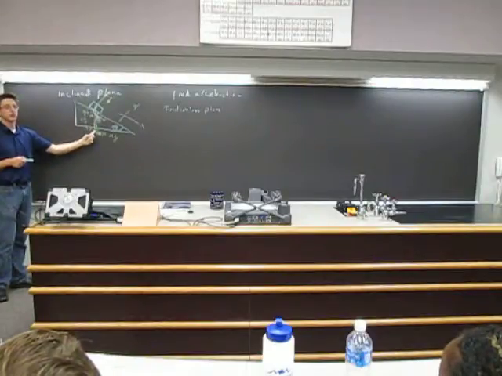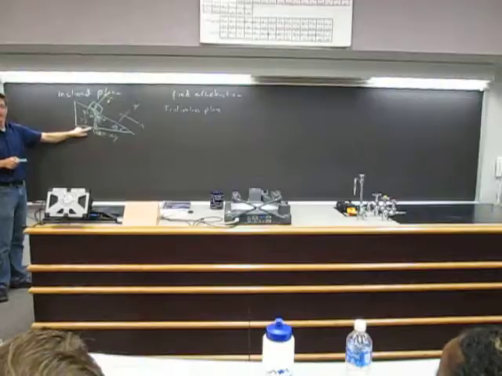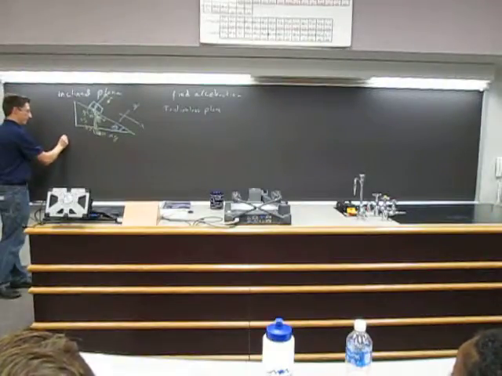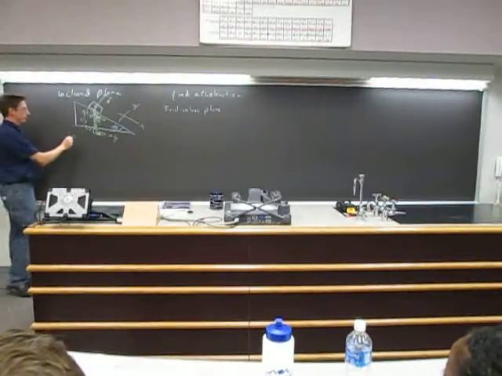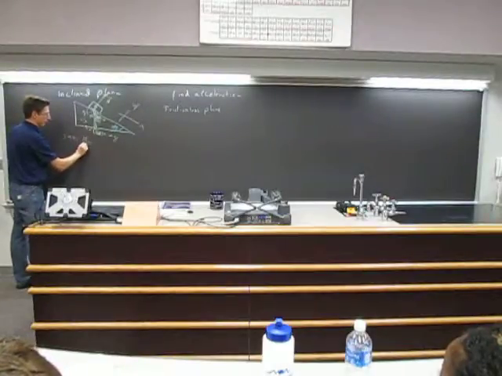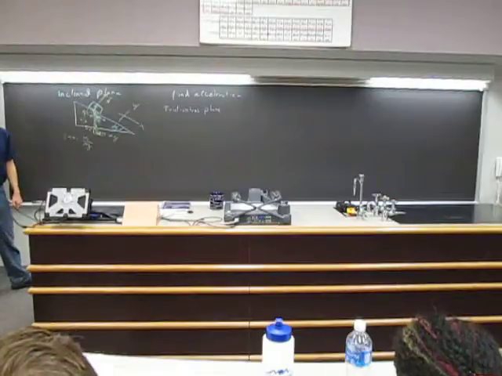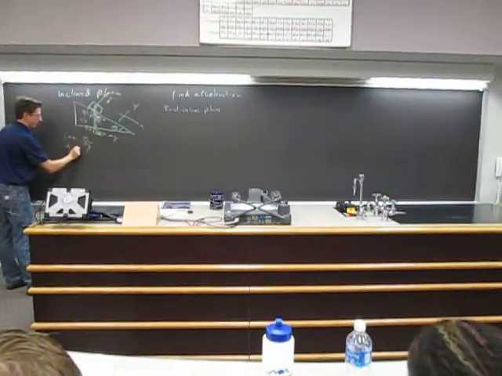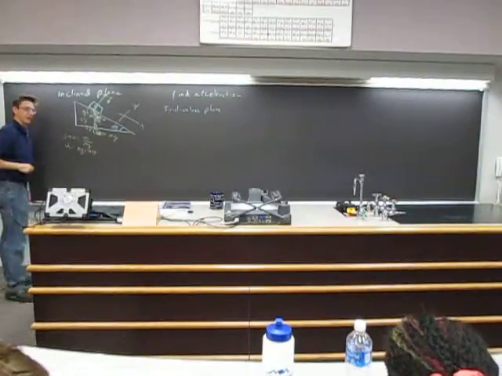This length here is mg. This is opposite over hypotenuse, so sine of theta would be the weight in the x direction over mg. So that means the weight in the x direction is going to be mg sine of theta.